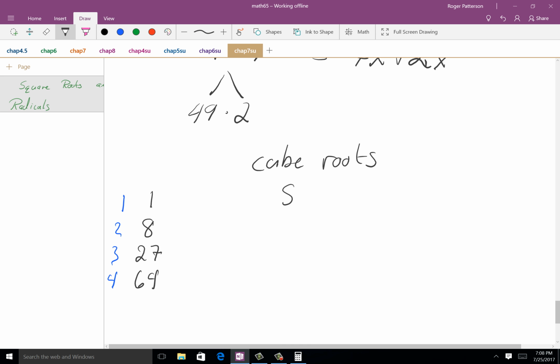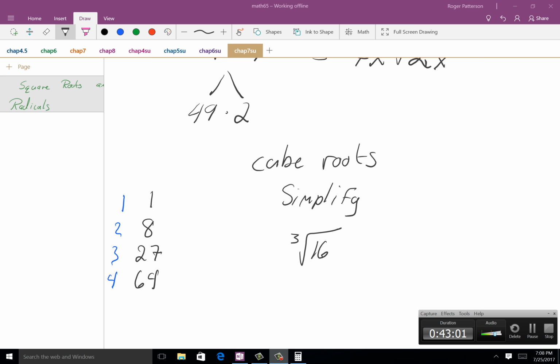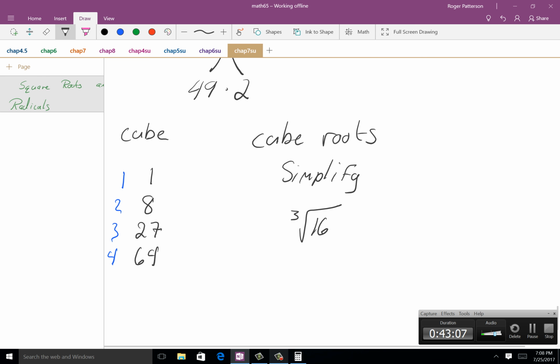Okay, so if we're going to simplify a cube root, here's how we do that. So now I have the cube root of 16, so I got to simplify that. So now I use my cube root chart to find the perfect cube that goes into 16.